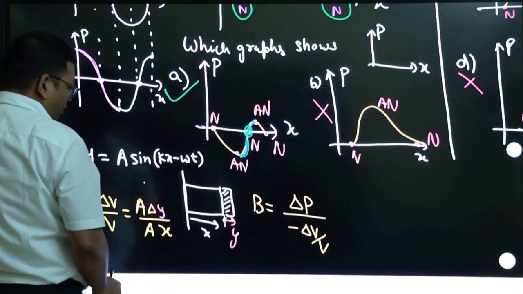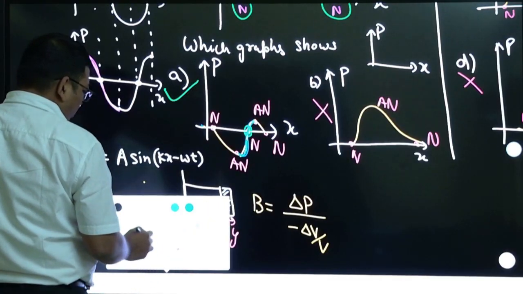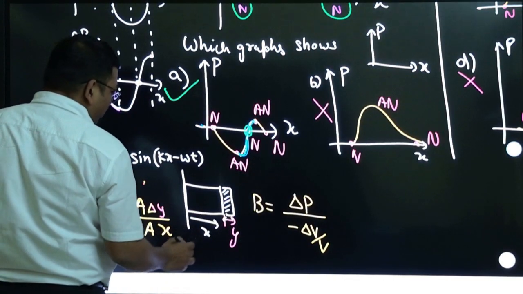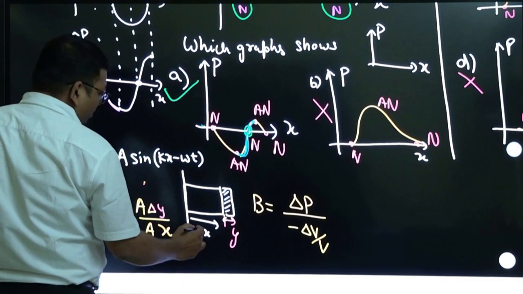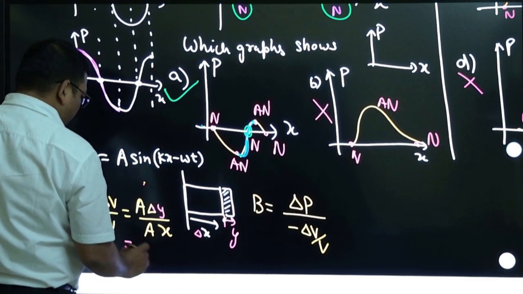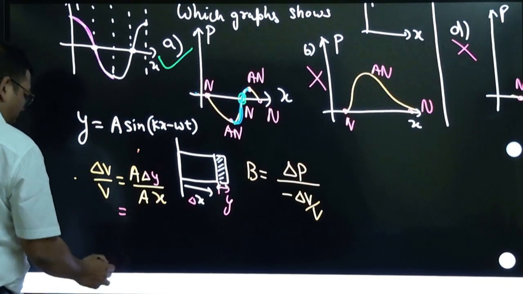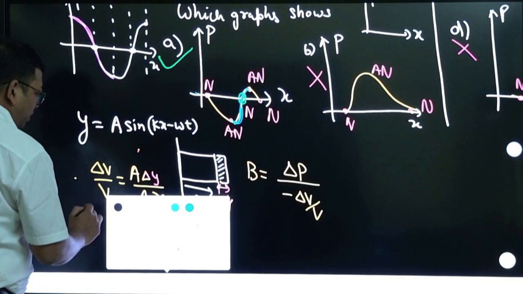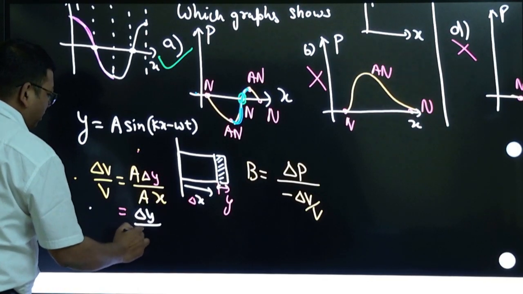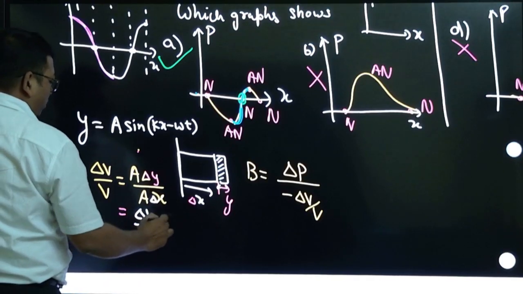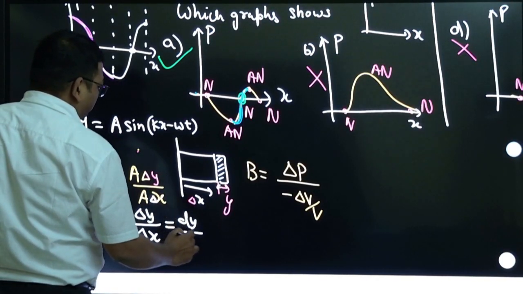We are considering this small element of width delta x, right? If you see the derivation, we have done this by taking this only. So this ratio has become delta y by delta x, or dy by dx, right?